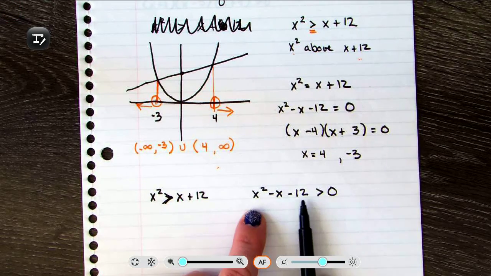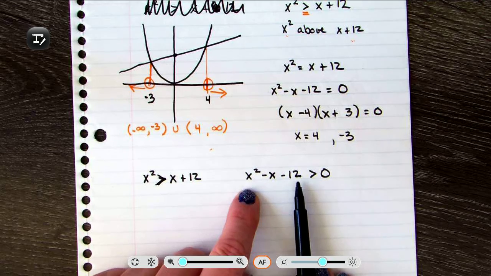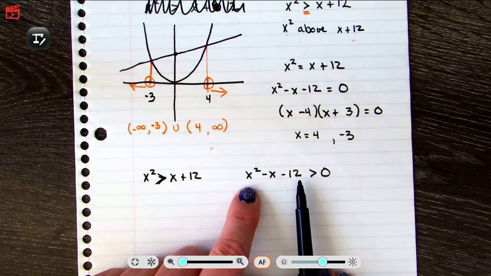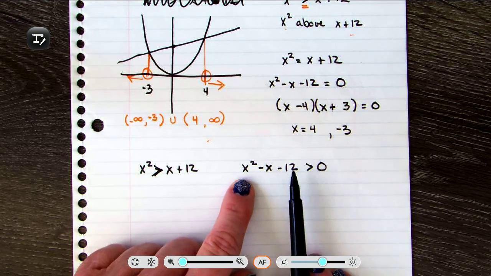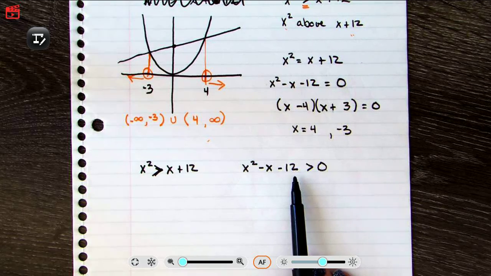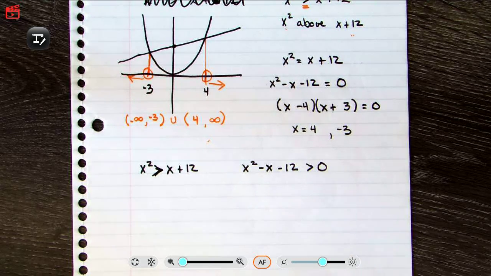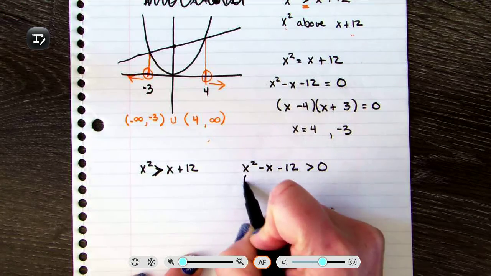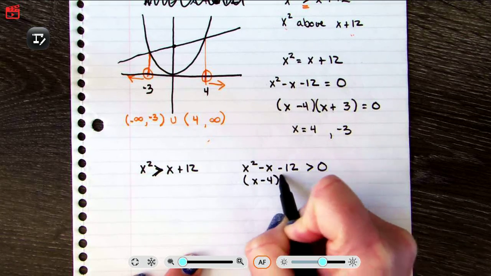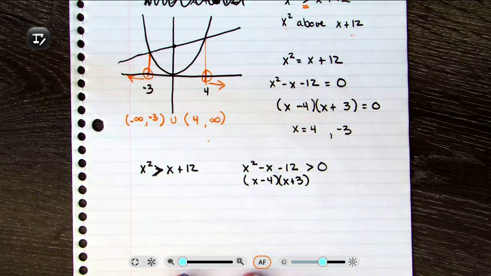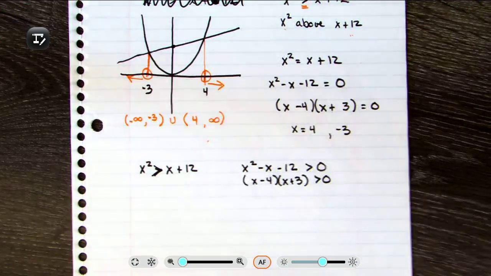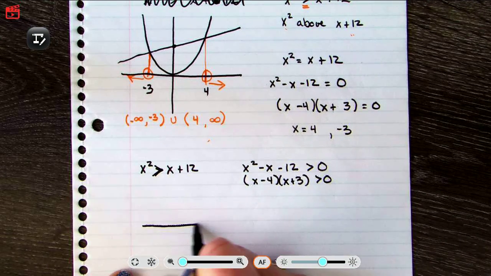Now this is still a quadratic, and if I were to graph it, it would be a U shape of some sort. And we did spend a lot of time graphing polynomials in this chapter. The method we used was we found our zeros, plotted them, and then we did test points. So to find my zeros, I'm again going to have to factor it. And I want to know where this is greater than 0. So then we would put those things on a number line.